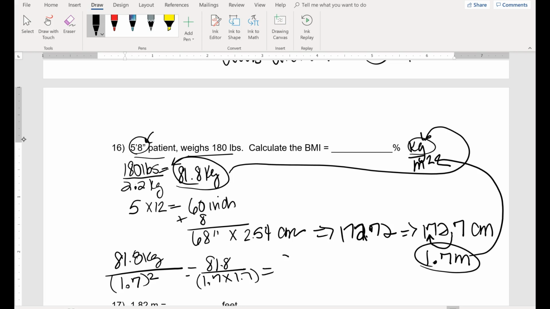And this equals 81.8 kilograms divided by 2.89. And the answer that you get is 28%.